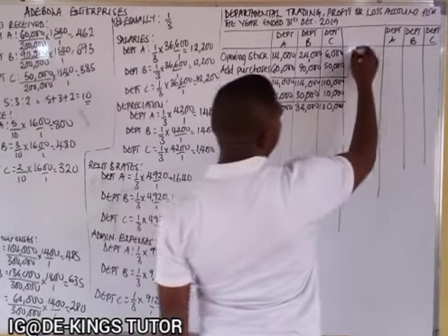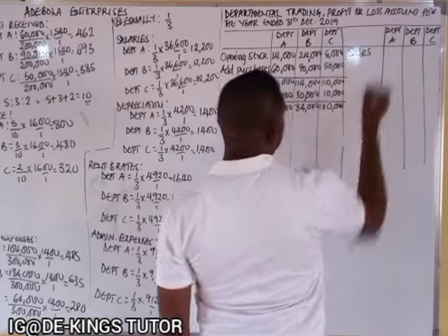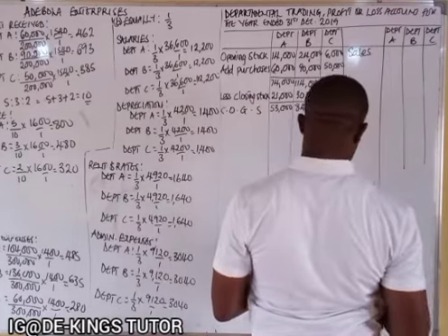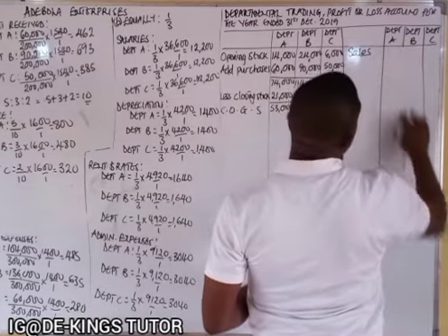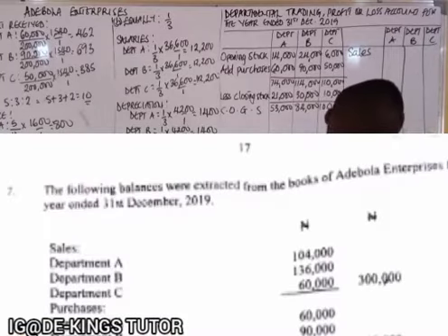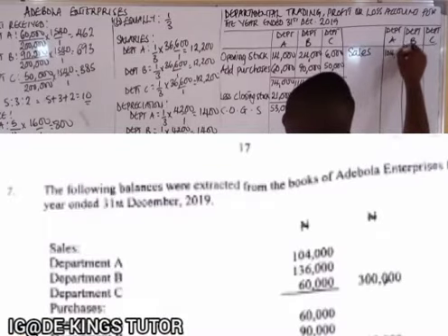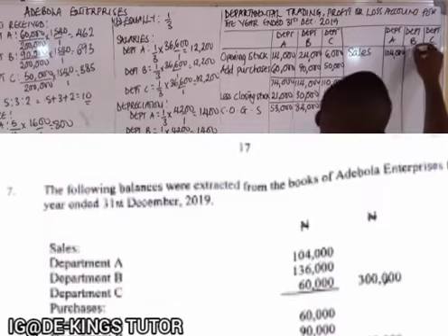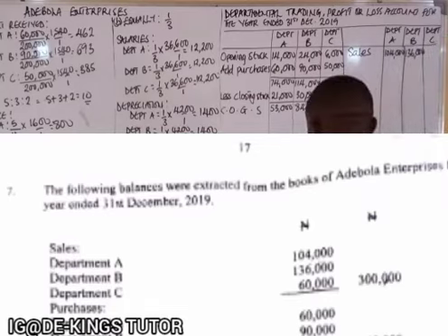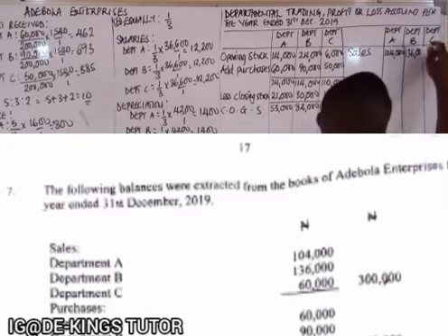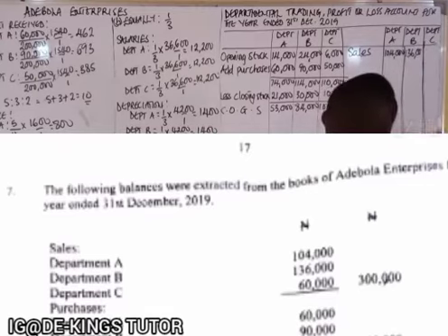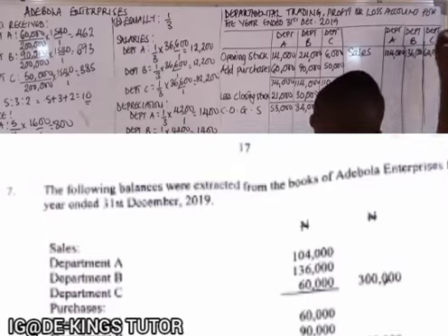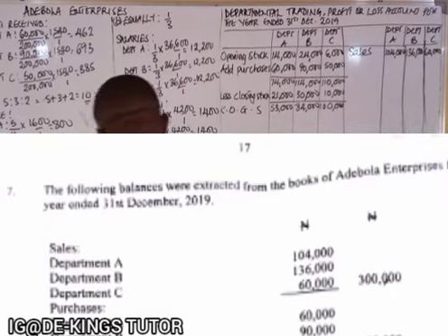Now let's have our sales at the right hand side. The value for sales for department A is 104,000. For department B, it is 136,000. For department C, it is 60,000. Okay, is there return inwards?